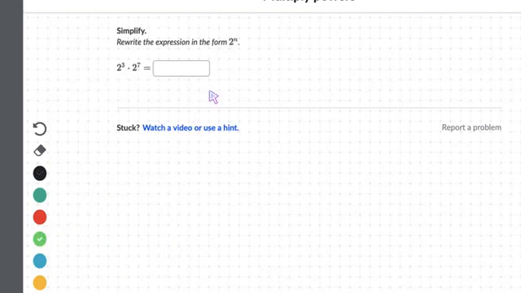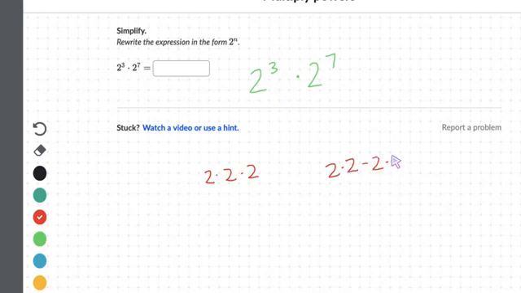In this problem, you have to simplify. Rewrite the expression in the form 2 to the n power. So you're not going to give a one number answer. You want 2 to the something power. Here we have 2 to the third power times 2 to the seventh power. We already know from our shortcut that there's going to be 3 2s and then 7 2s.